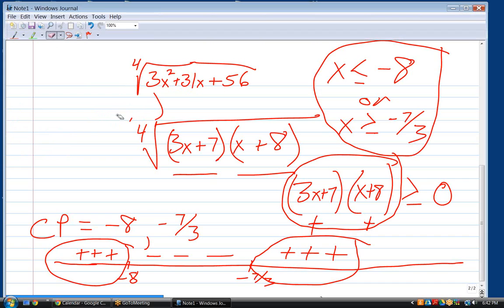Range. Now, what is the range going to be? Well, we know for sure one thing: it's greater than or equal to 0. It's like when you take the square root of x, the range is y greater than or equal to 0.